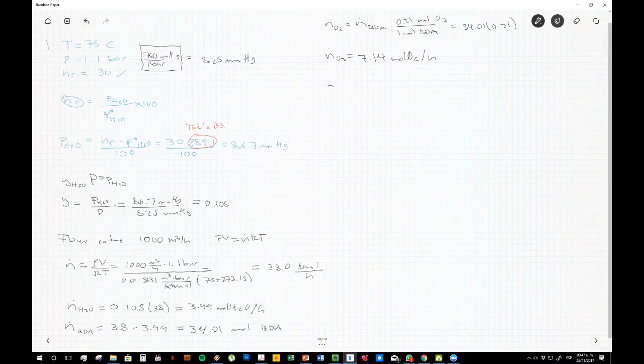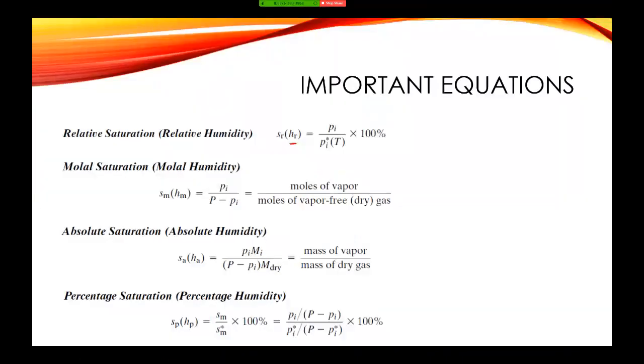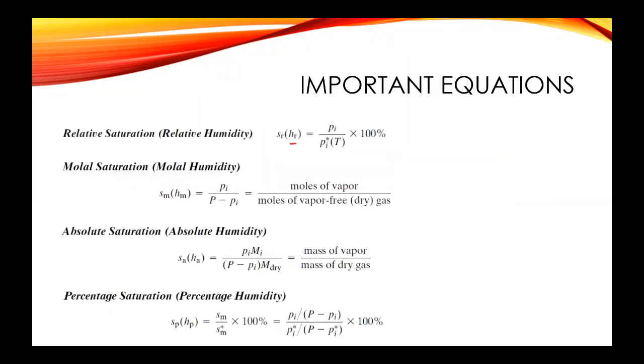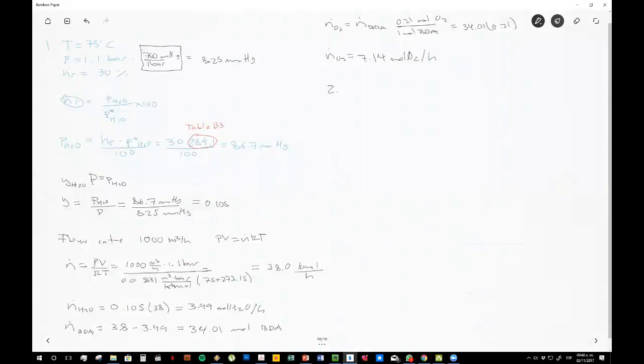Okay. So then the second point is asking us for the molar humidity, absolute humidity, and percentage humidity of the air. So it's just substituting different equations, right?